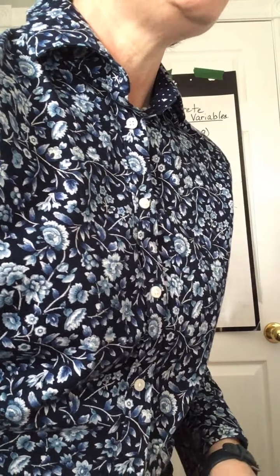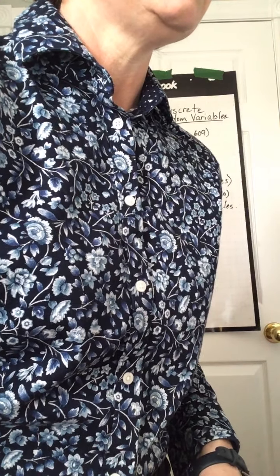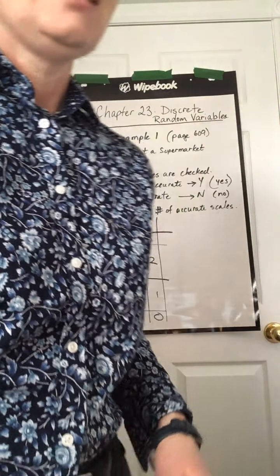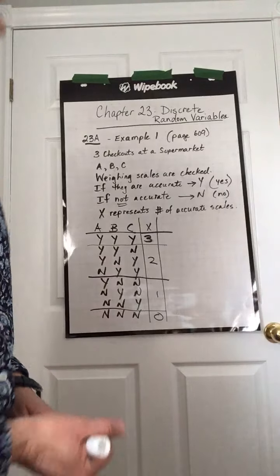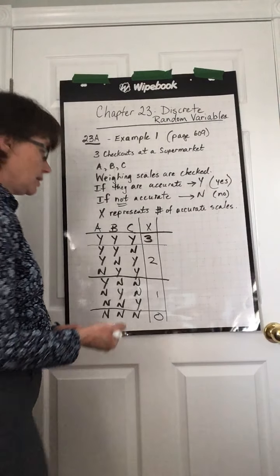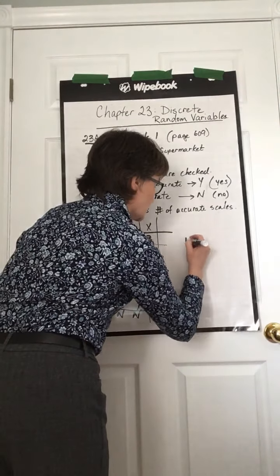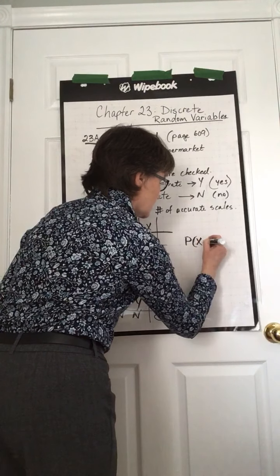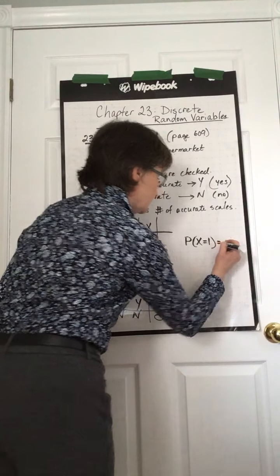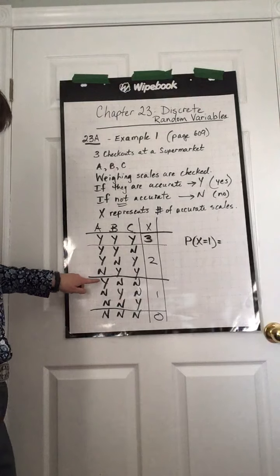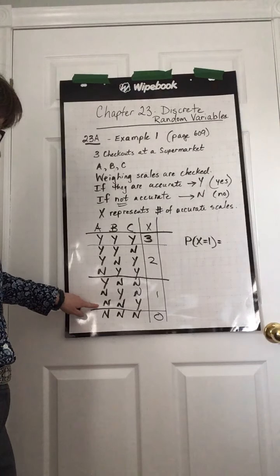Okay, the other question says, describe using X the events of there being 1 accurate scale and at least 1 accurate scale. So if we're talking about, let's use the proper notation, the probability that X is equal to 1, well, we actually have 3 situations where that can happen.